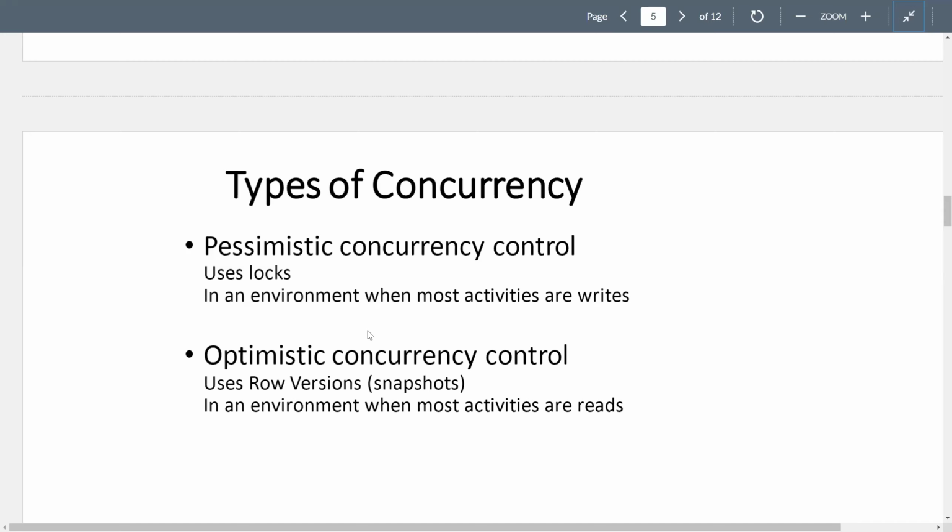The other type of concurrency control is optimistic. So you think about the English word optimistic, right? Optimistic meaning we are feeling good. Life is good. We don't need to worry about data integrity problems. So we just let each user, each transaction do their work.